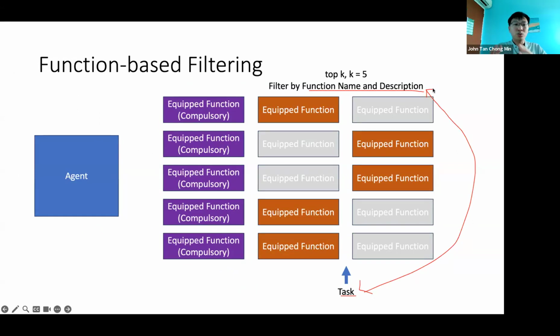You can do this to do the matching and then get the relevant functions that you need. These functions will go into the context of your agent for decision making. Can you see that this level of filtering is done in order to reduce the amount of information that the agent needs to know? This actually helps improve performance if you get the right functions.